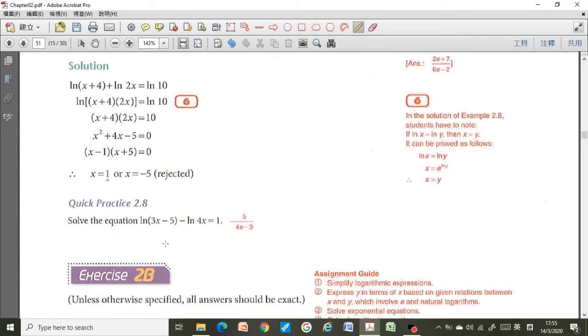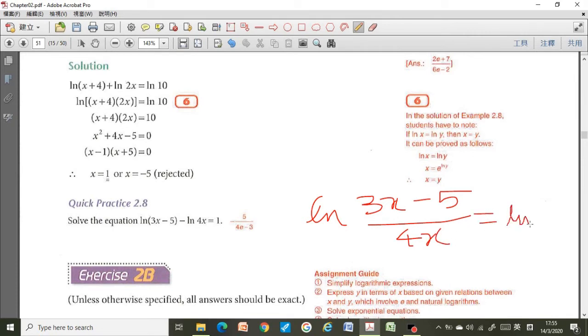Let's look at this one. This one you can combine them to become log of 3x minus 5 over 4x equal to 1. 1 is just log e. If you remember, no need to do anything.